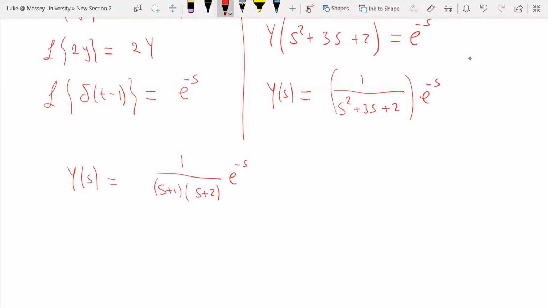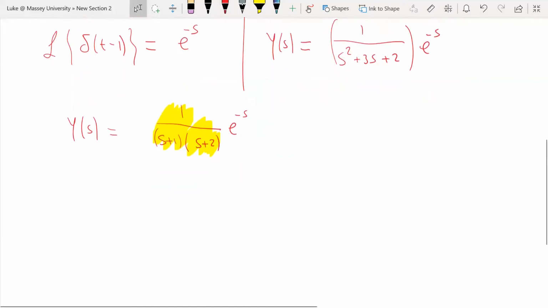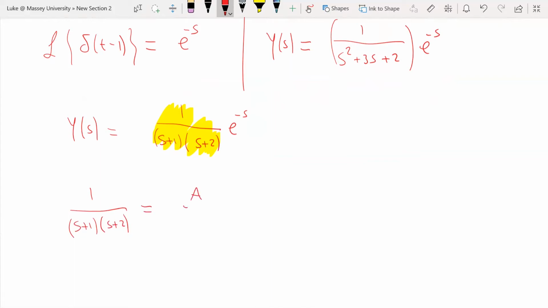And then this fraction here, I could use partial fraction decomposition to write in a different way. So let's do that now. 1 over (s plus 1)(s plus 2) is equal to A over (s plus 1) plus B over (s plus 2).